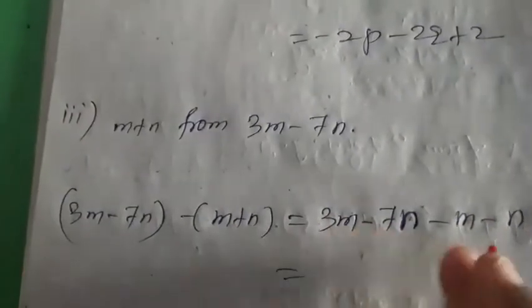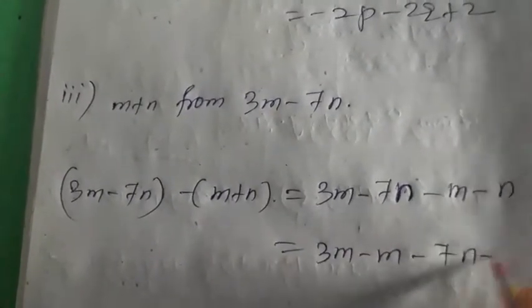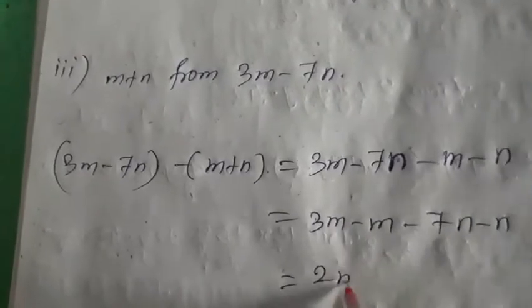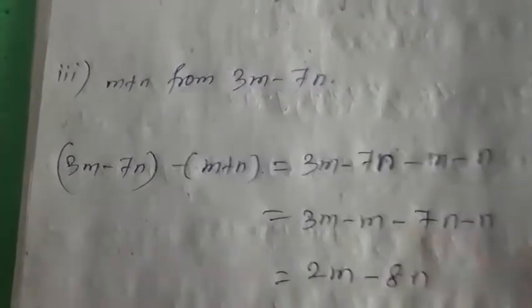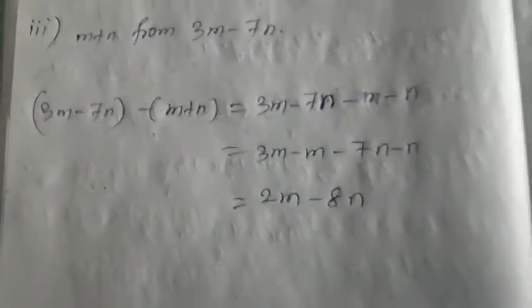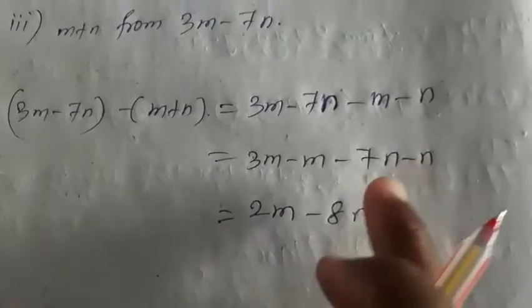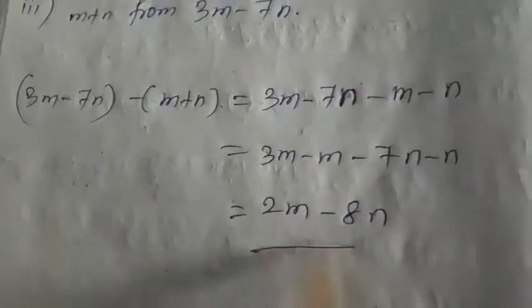So 3m minus m are like terms, and minus 7n minus n. 3m minus m we get 2m. Minus 7n minus n we get minus 8n, because both are negative terms. Again we get the answer negative only. Both are negative there, we want to add, but the sign we get is negative. So minus 8n. This is the solution over.